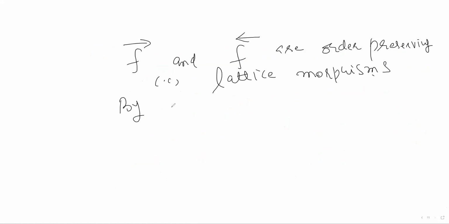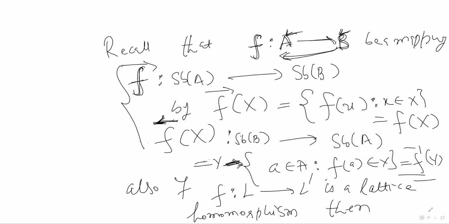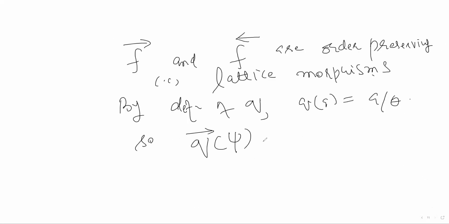By definition of Q, Q of a is actually a by theta. So if I take Q forward arrow of psi, it would be nothing but psi by theta.